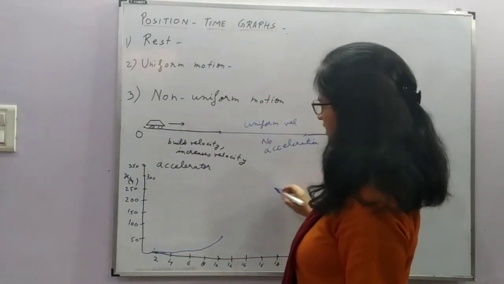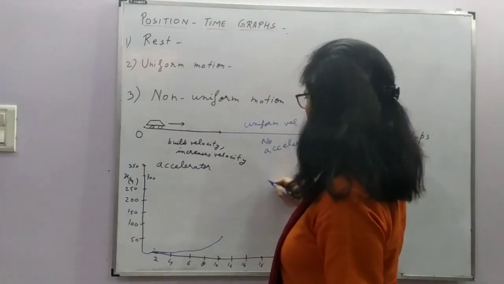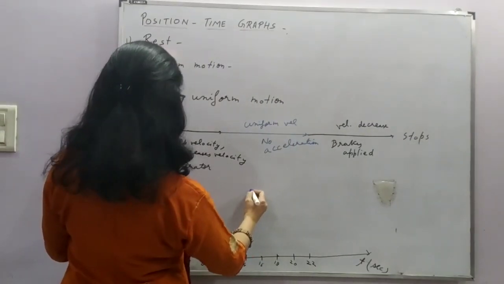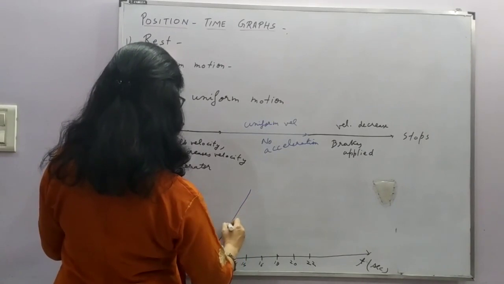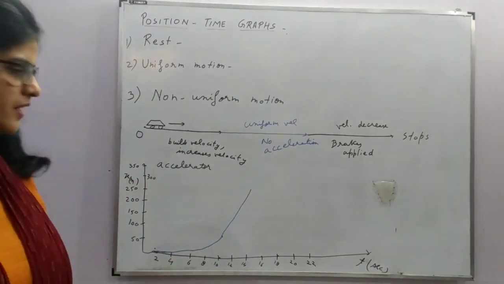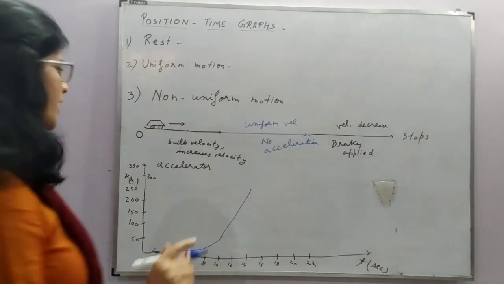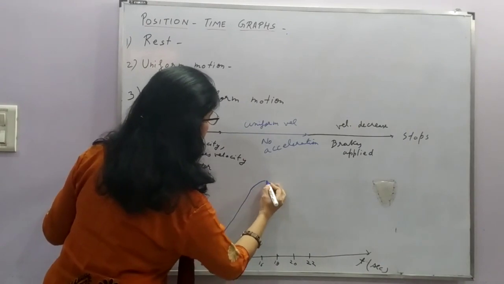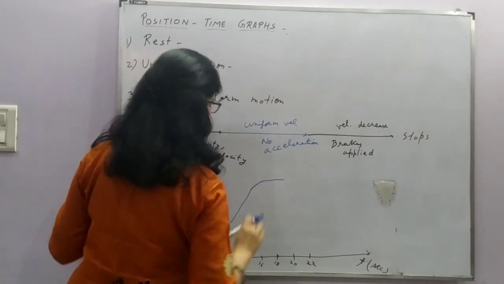In 18 seconds it has covered around 250. So this part will be a kind of straight line. And then after, it started applying brakes. So the slope here will decrease and then the position will be like this.